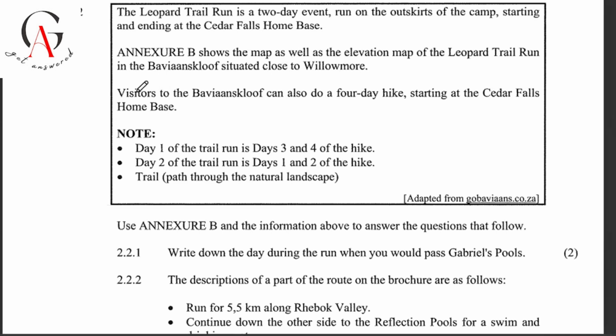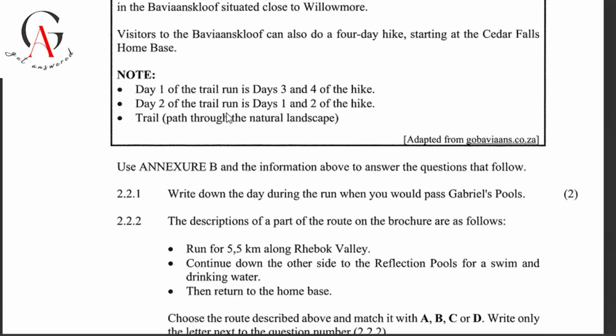Visitors to the site camp can also do a 4-day hike starting at the Caldera Falls home base. Here we go. Day 1 of the trail run is day 3 of the hike.